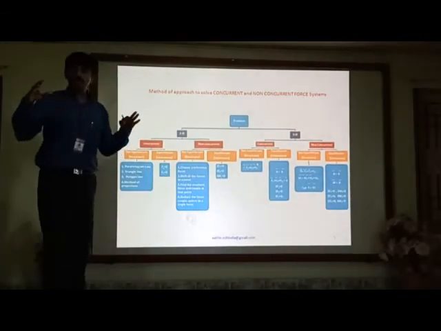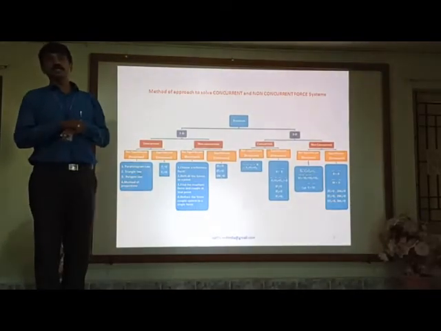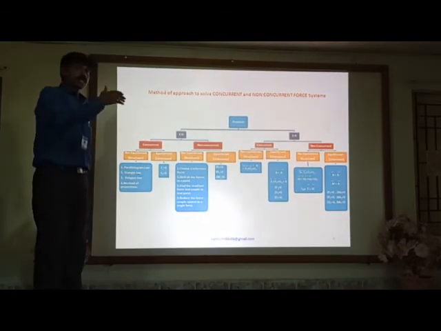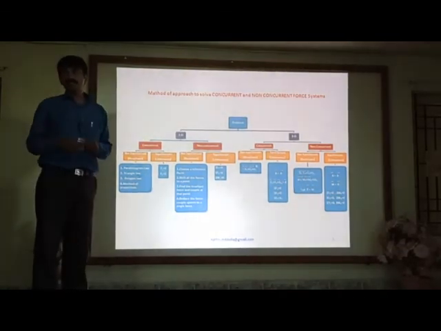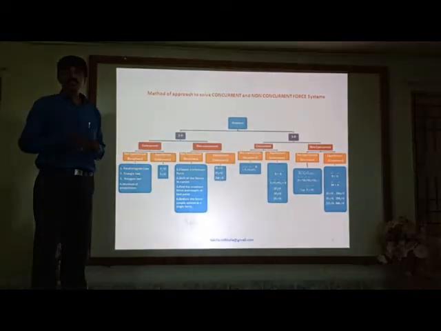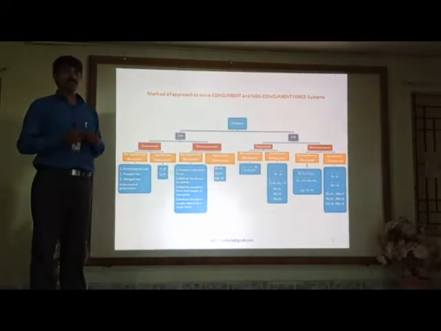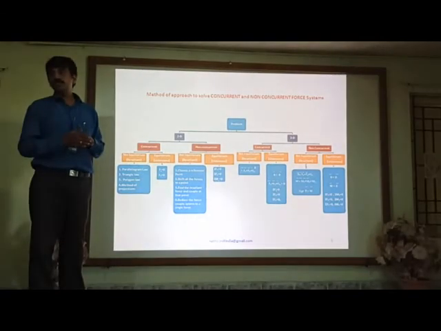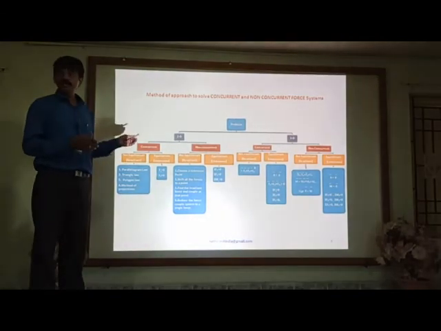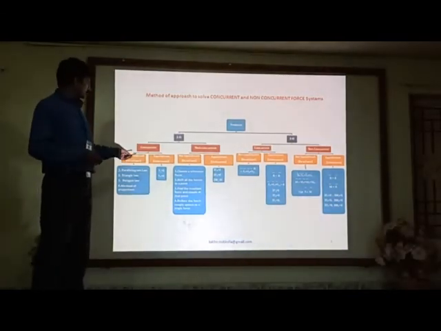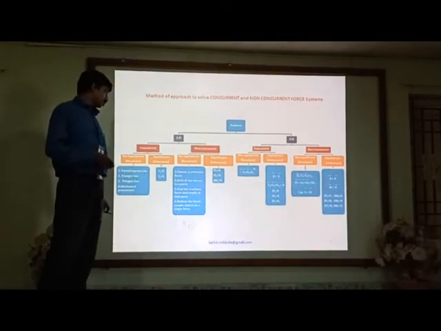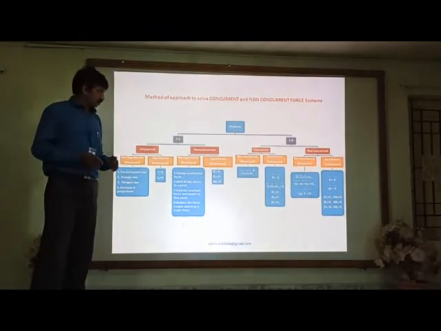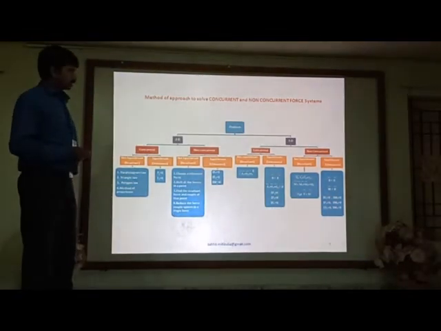If the forces are completely balanced, in a horizontal force system the right-hand side forces are balanced by the left-hand side forces, and in a vertical force system upward forces and downward forces are completely balanced. Then the sum of the forces will be equal to 0. So the equilibrium condition is sigma Fx and sigma Fy equal to 0 in the case of 2D. The same thing you can have in the case of a 3-dimensional structure.